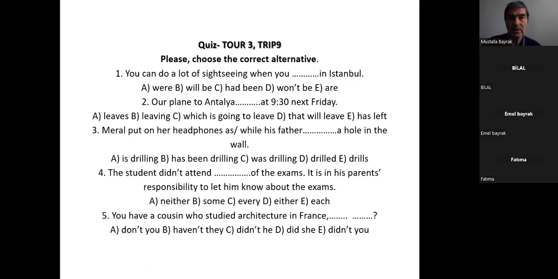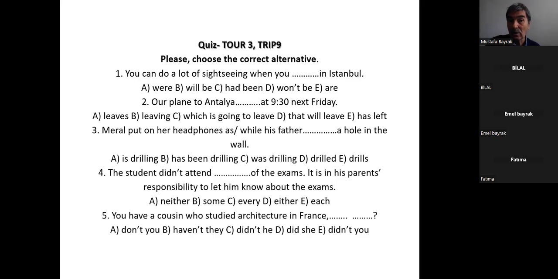3. Meral put on her headphones while his father blank a hole in the wall. If it is true, then Meral puts, present. But here it isn't put. Meral put, in the past. Meral put on her headphones while his father blank a hole in the wall.